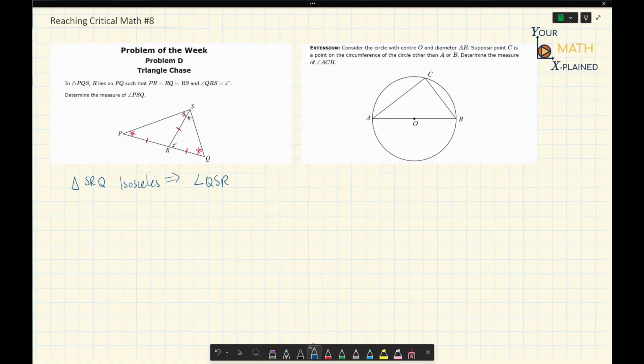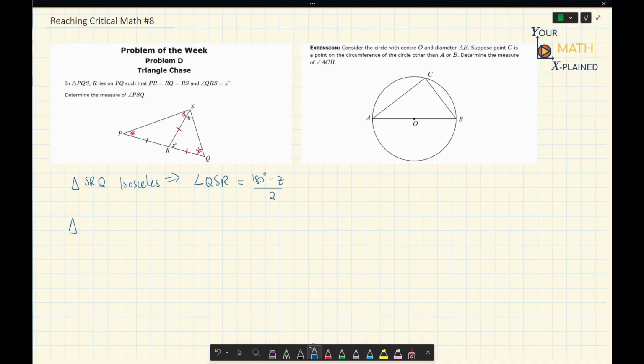So what do we know about this angle here? Angle QSR is equal to (180 degrees minus Z) over 2. The reason for the 180 is because the angles in this triangle add up to 180. We're subtracting the Z, and then just to find one of them, we're going to divide that by 2 because we know the remaining two angles are the same.